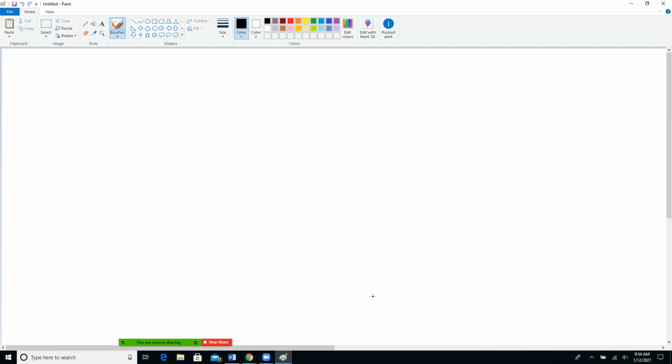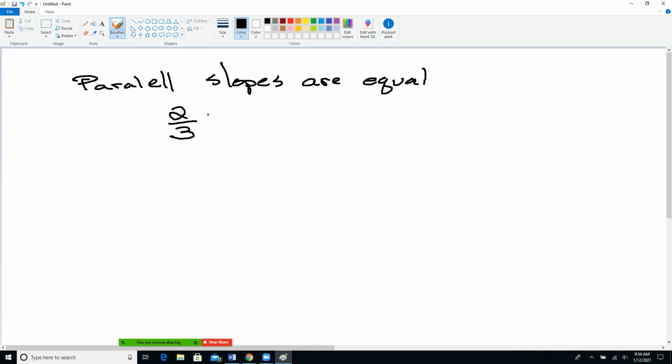What do you know about parallel slopes? Parallel slopes are equal. 2/3 is parallel to 2/3.